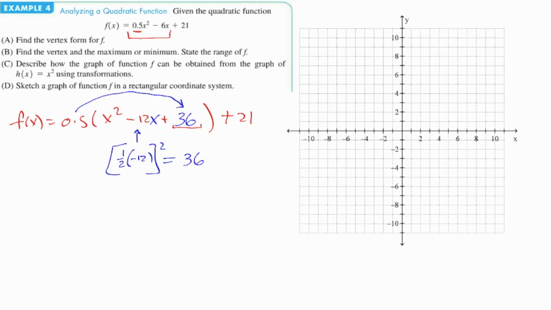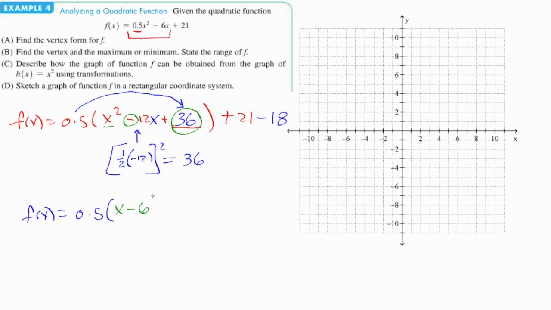We've changed our function by adding 18. We have to balance it by now subtracting 18. So f of x is equal to 0.5. We complete the square because it's easy to factor. It's going to be x minus the square root of 36, x minus 6.